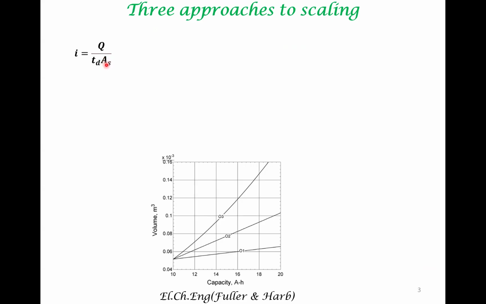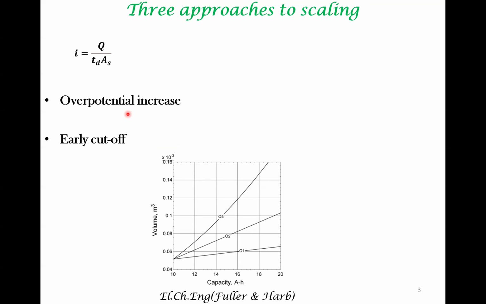So with this, my current density will almost become twice as much when I increase the capacity. As you probably know by now, increasing current density has other consequences. It increases the activation overpotential, ohmic overpotential, and also the concentration overpotential. This would have significant consequences.